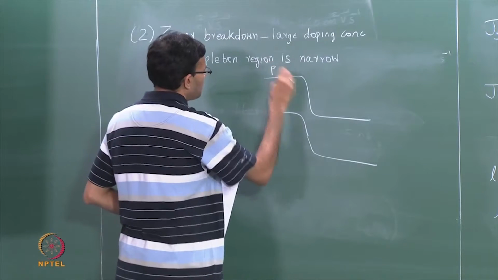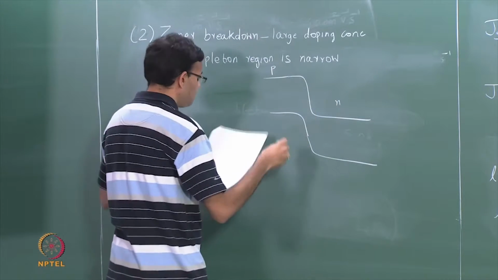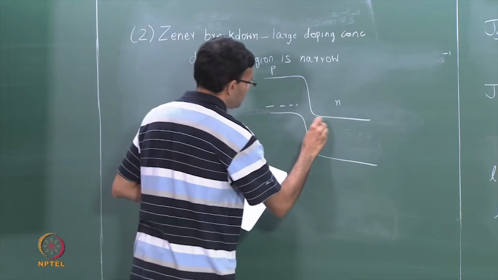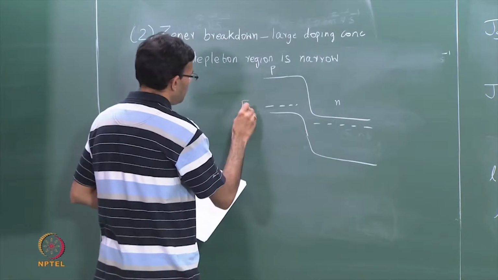So, this is my P side, that is my N side. These are the Fermi levels.